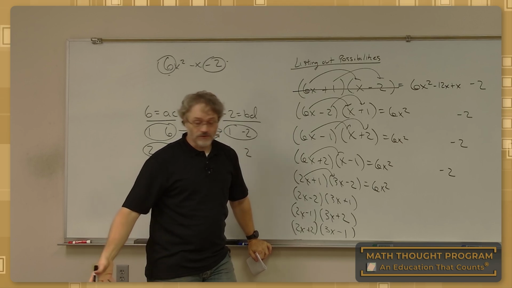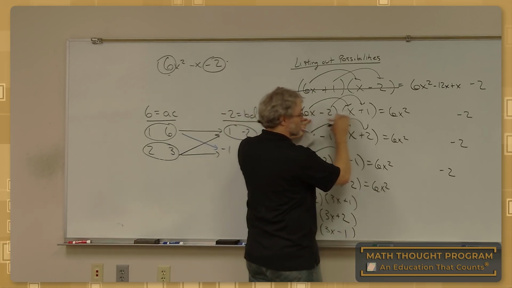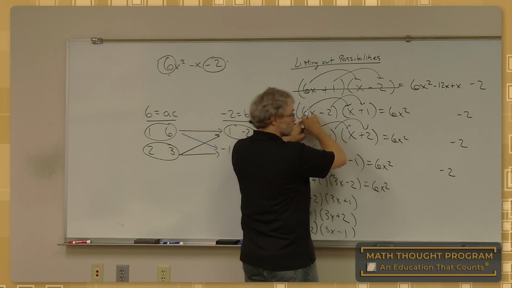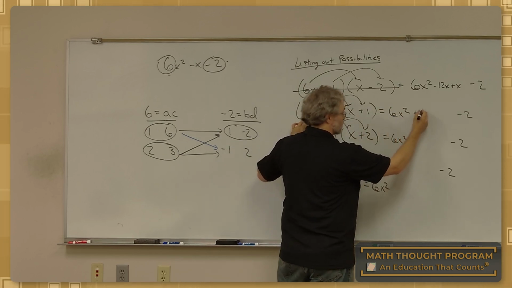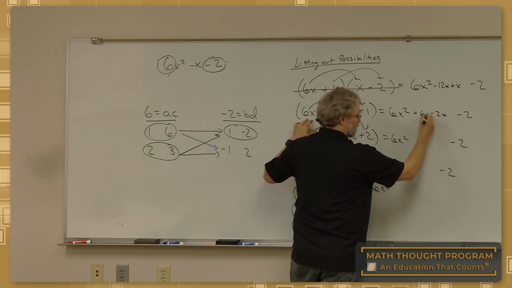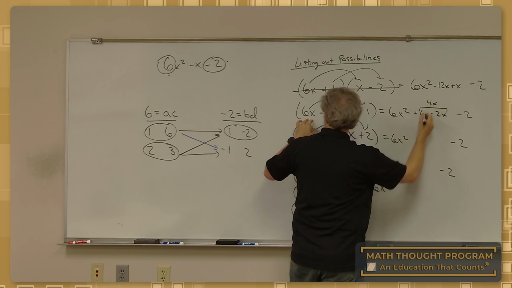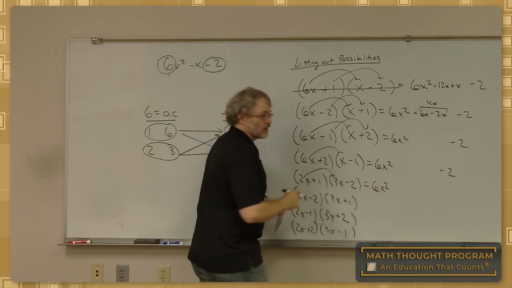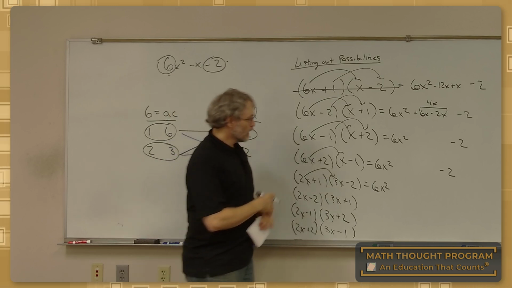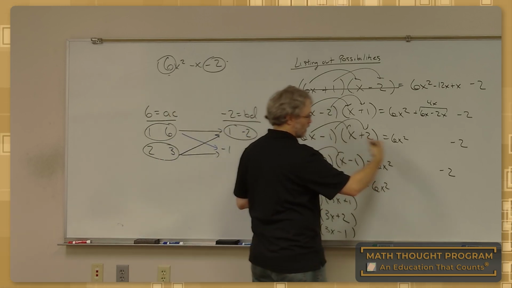So again, I would try the next one. I would say, okay, 6x times x, guaranteed 6x squared. I got it. So what I'm really looking for are these linear terms and seeing how they're being constructed. And here, I have 4x. That's still not a minus x. So that's not going to work out either. And I can keep going through this whole entire problem.